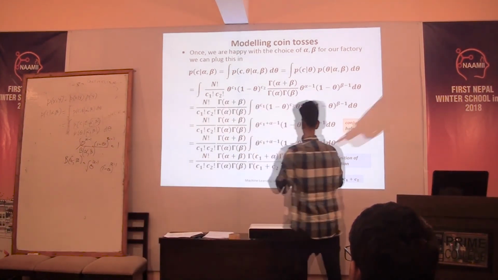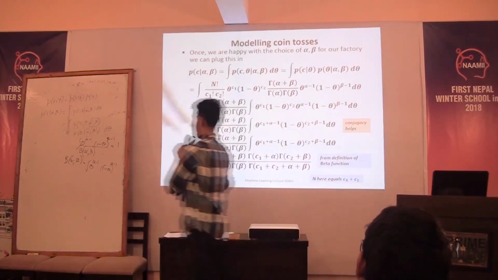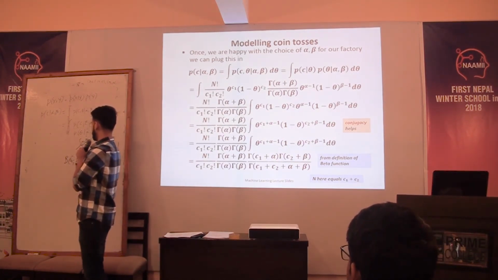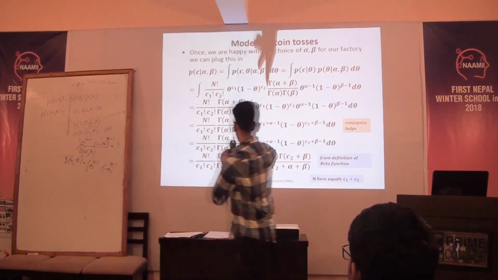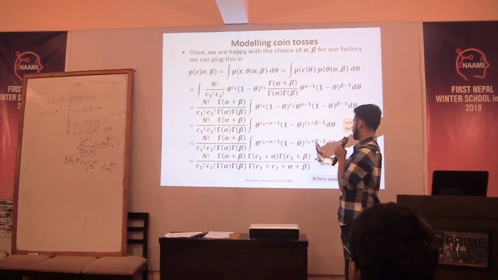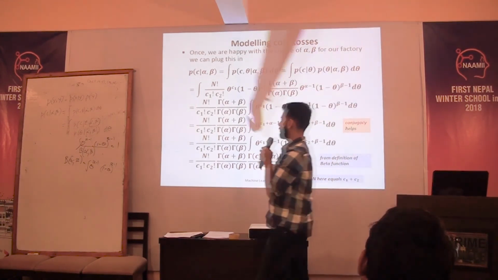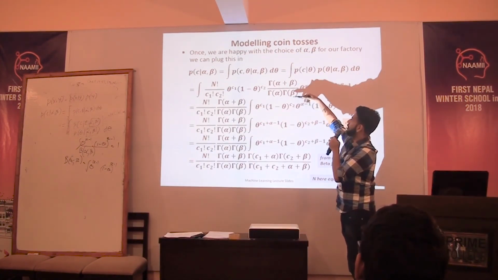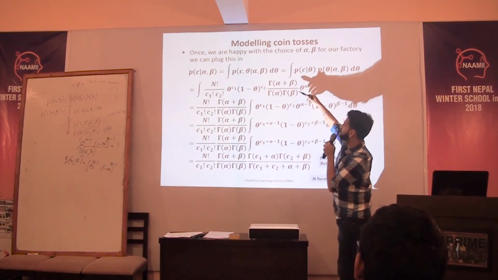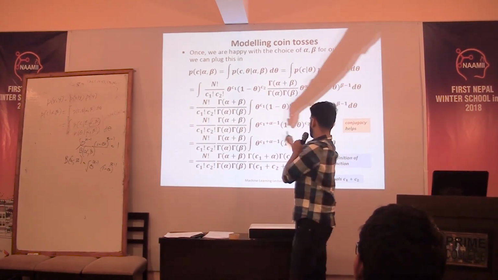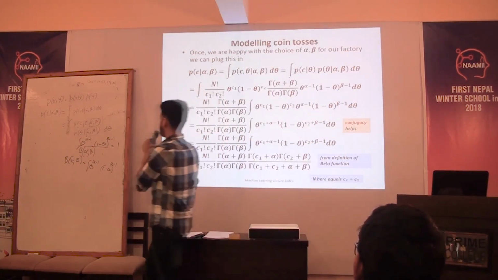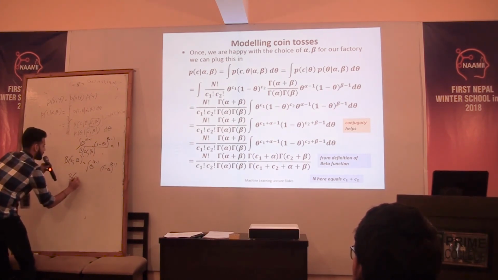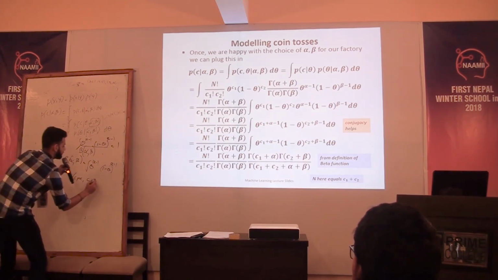That would be equal to C1 plus alpha and C2 plus beta, because if you substitute C1 plus alpha here, this becomes B of C1 plus alpha comma C2 plus beta, which would be equal to the integral of theta to the C1 plus alpha minus 1 and 1 minus theta to the C2 plus beta minus 1. And we know that B of alpha comma beta expands to this term, 1 over B of alpha comma beta. So we know that this term is equal to B of C1 plus alpha comma C2 plus beta.